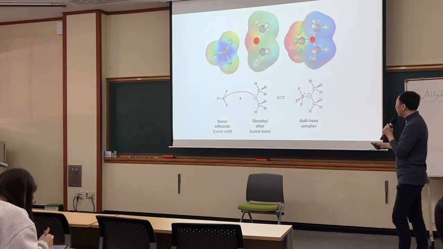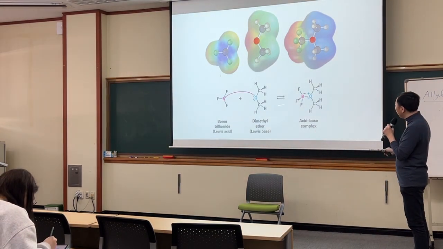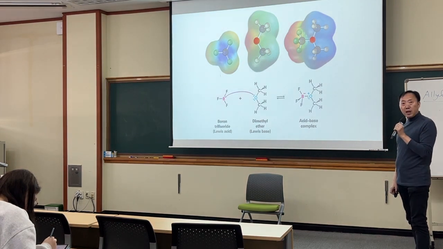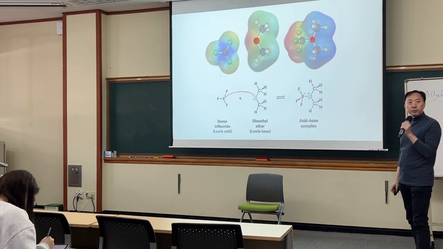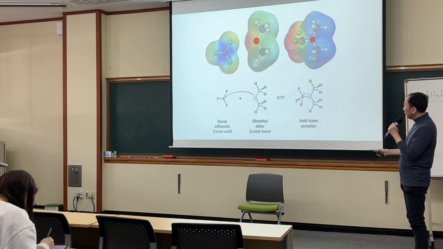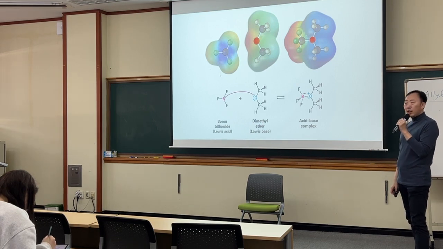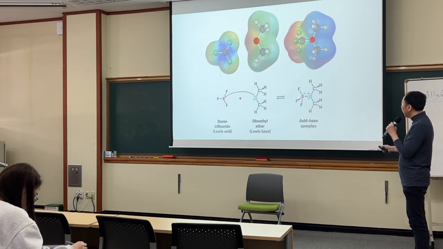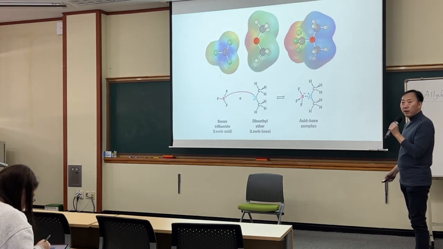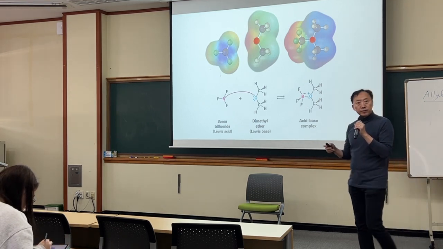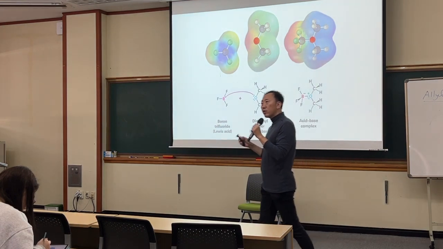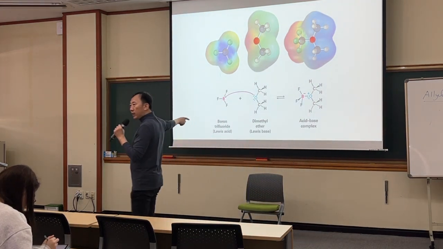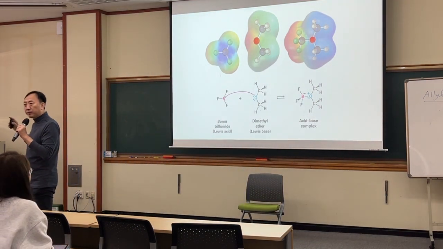Now, once you form this bond, you need to give these formal charges. Originally, both of them are neutral, but this one donates that electron to this guy. That's why boron ends up with one more electron than its nuclear charge, so we designate it -1.